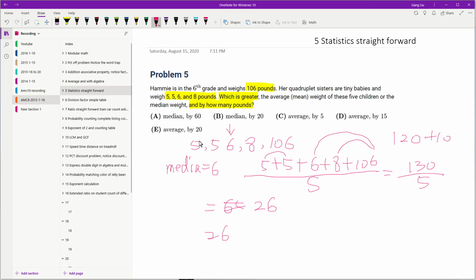And 26 minus 6 is going to be 20. So the answer will be average by 20, E.